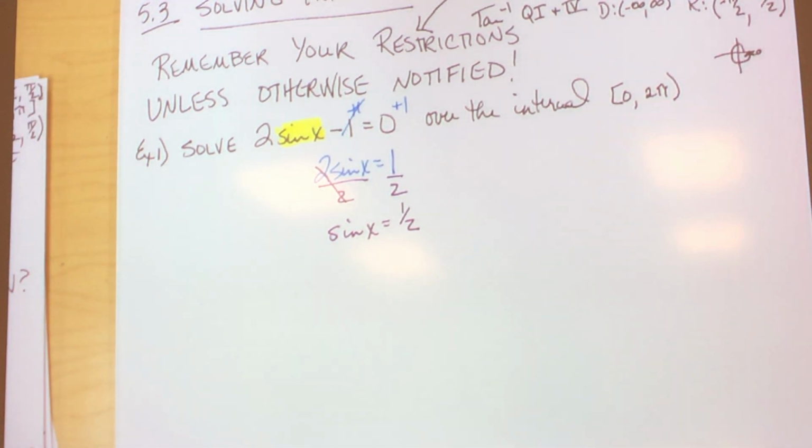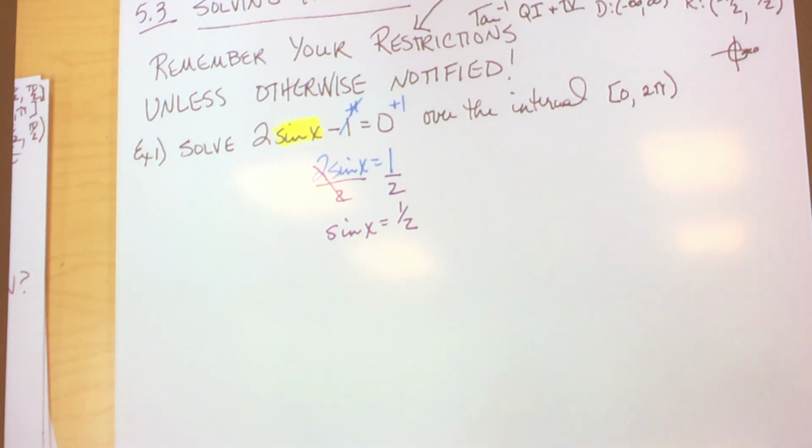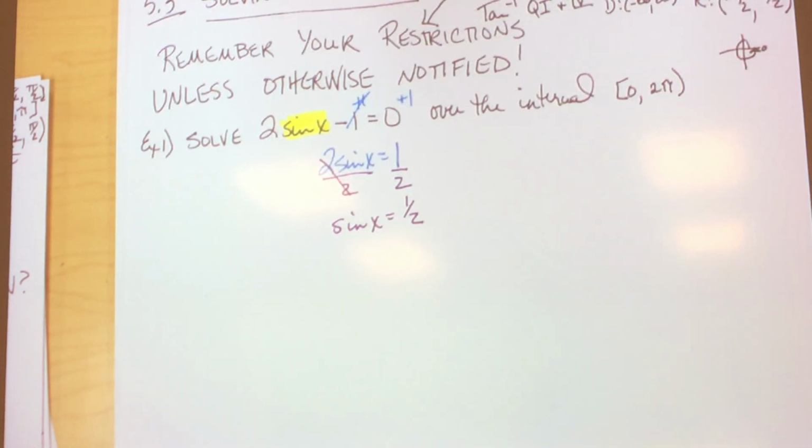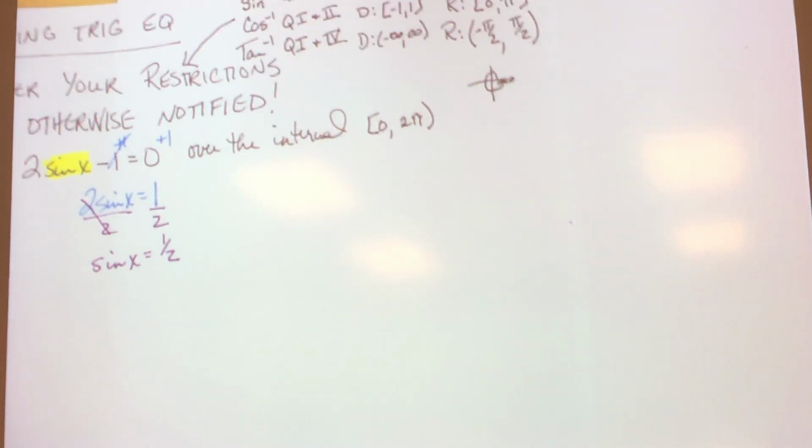Are you with me? Okay, so here's where the rules come in. Now I'm going to tell you what I would do if I were you. I think we'll put it on another sheet of paper, and then when I need it, we'll just pull it out and use it.